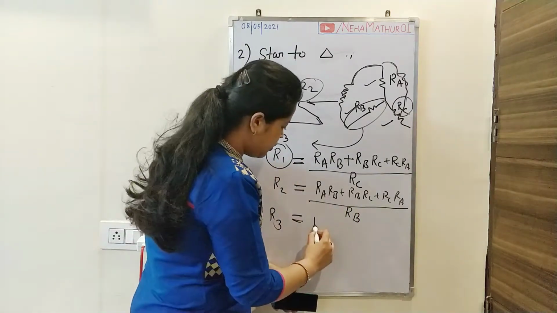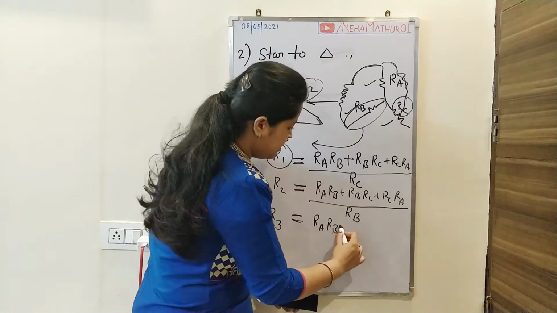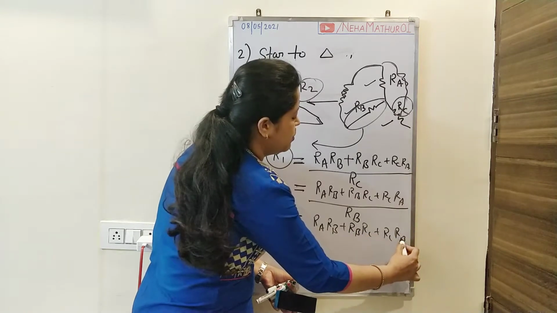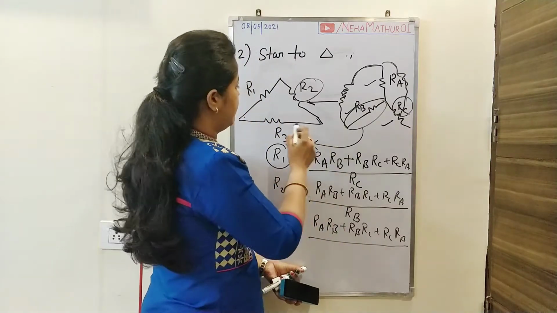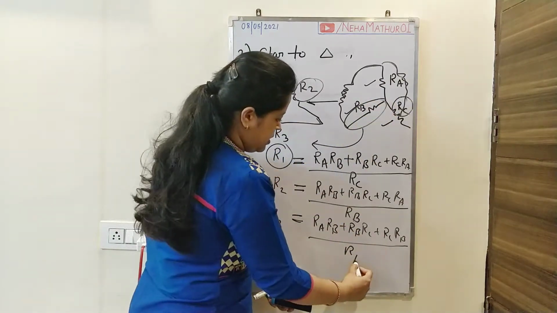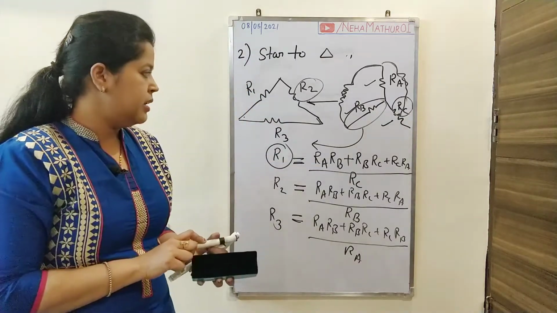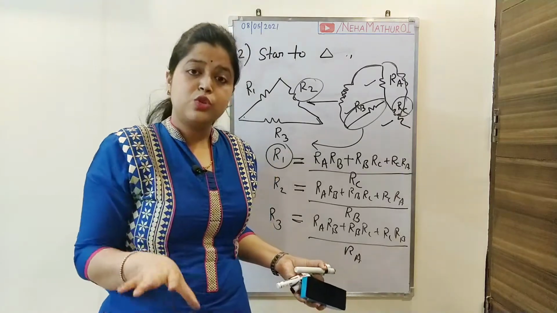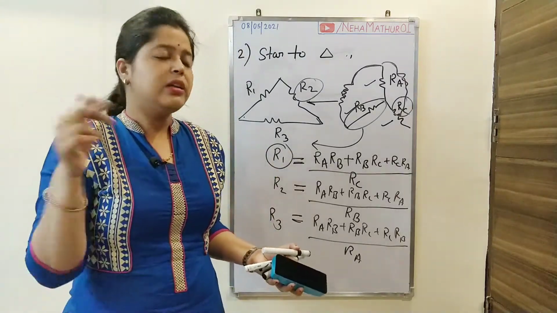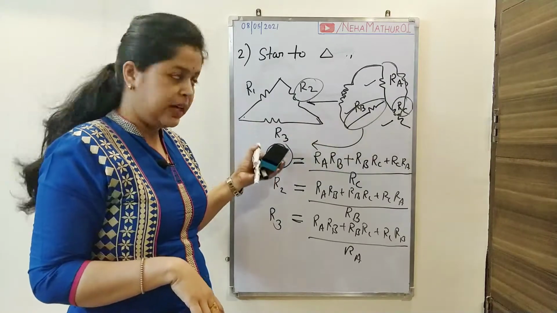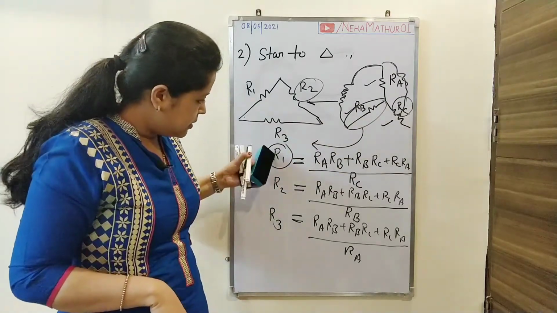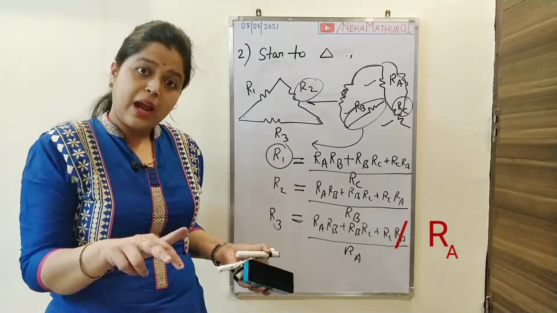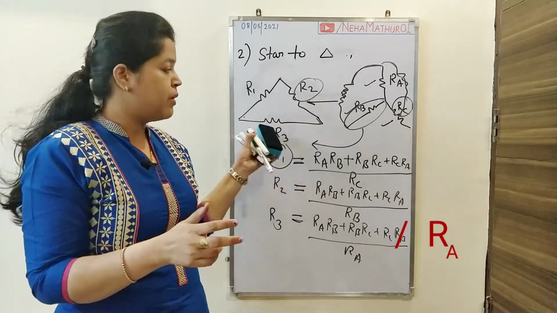Similarly, for the calculation of R3, the upper term will be the same and the denominator of the equation will be the opposite term, and this is RA. So again, the values of RA, RB and RC are going to be given in your circuit, and you can convert this star into the form of delta with the help of these formulas. You can calculate the values of R1, R2 and R3 and replace that circuit in the form of delta.